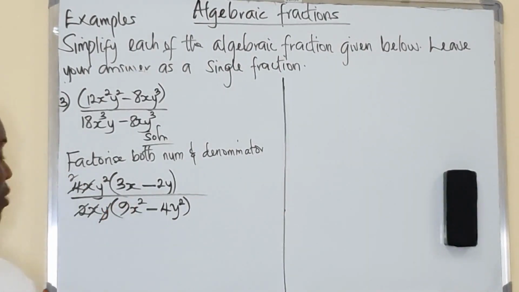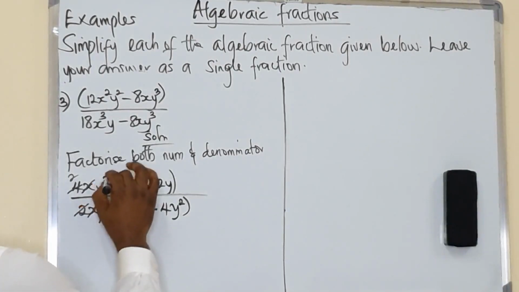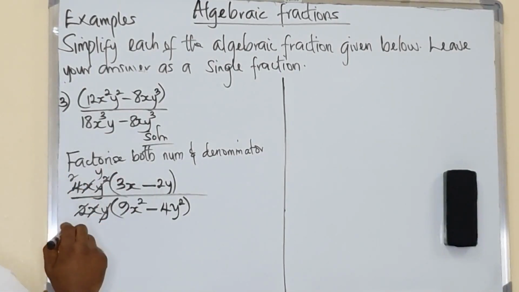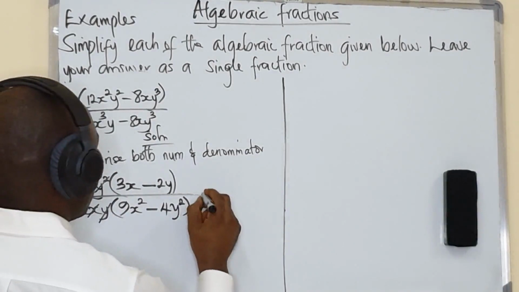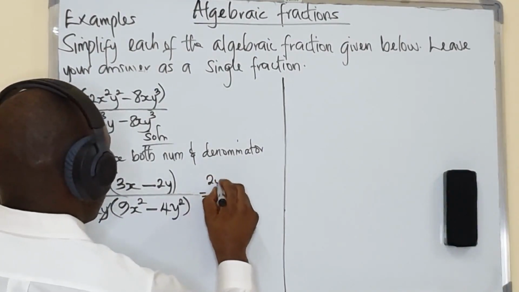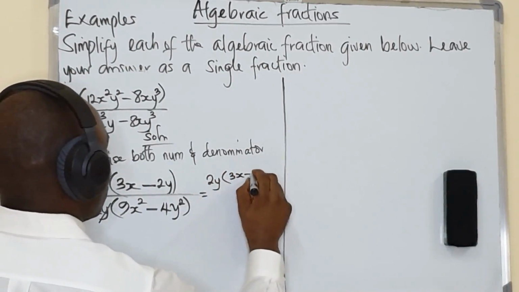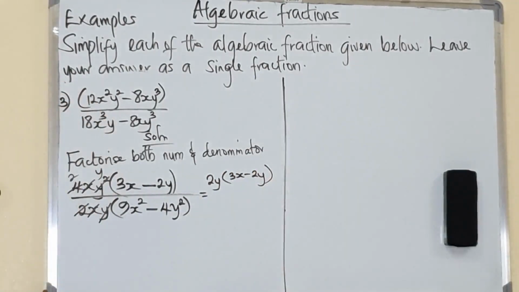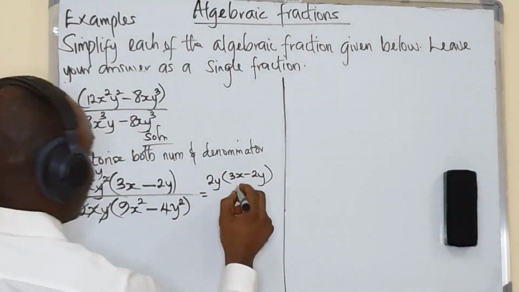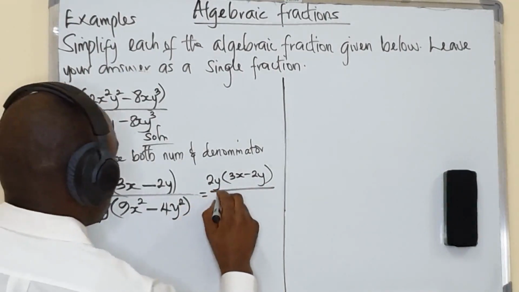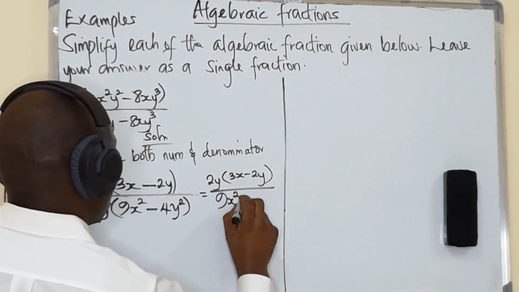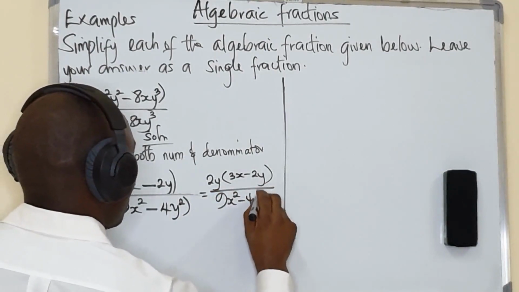The y at the denominator can cancel out the y at the numerator, leaving us with y. So we are left on the numerator with 2y, open a bracket, 3x minus 2y. This is what we are left with on the numerator. But at the denominator, we have 9x squared minus 4y squared.